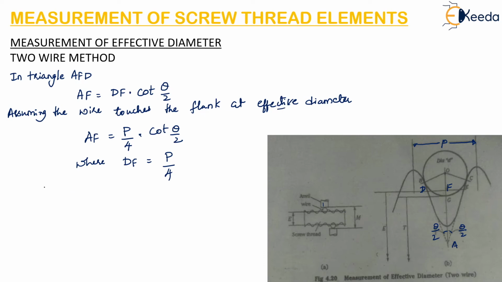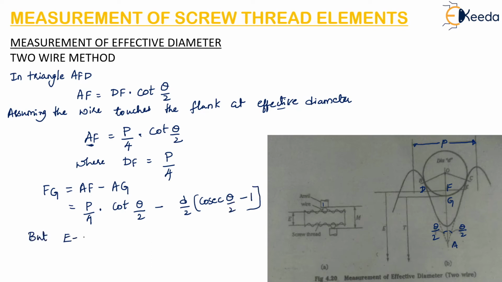Now FG can be written as AF minus AG. AF minus AG will give us the value of FG. AF can be written as P by 4 into cot theta by 2 minus, we have already found the value of AG, that is d by 2 into cosec of theta by 2 minus 1.